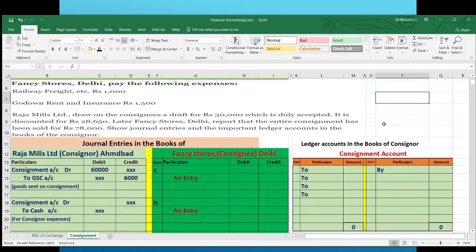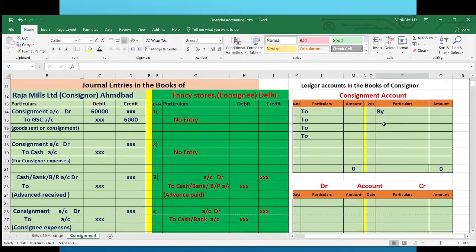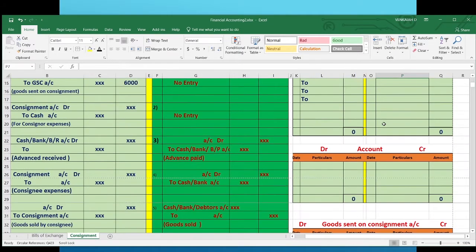So the entry for consignee expenses is consignment account to consignee account. The consignee name is Fancy Stores. The amount is 2,500. So in the books of the consignee also we have to write the name of the consignee.